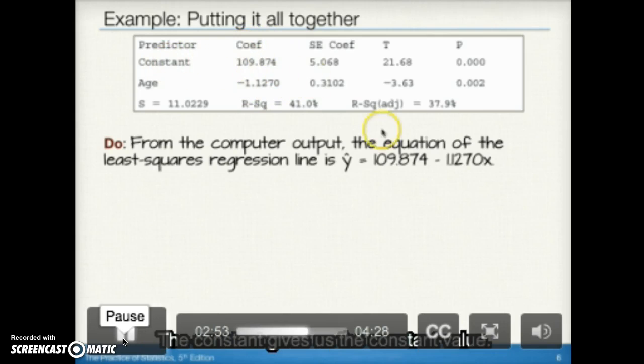The constant gives us the constant value, and the coefficient of our variable gives us our slope of the line, in this case the coefficient of x. Now in this case we didn't define our variables. It's always a good practice to define them, so you might want to make an extra note that y hat represents the predicted Gesell adaptive score, and x equals the age in months of the first word.